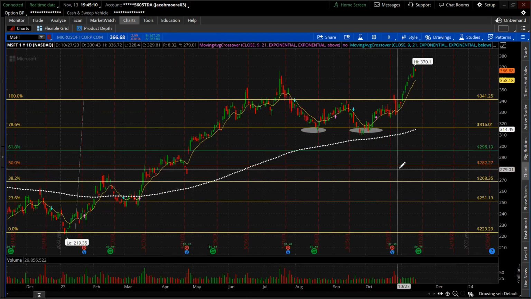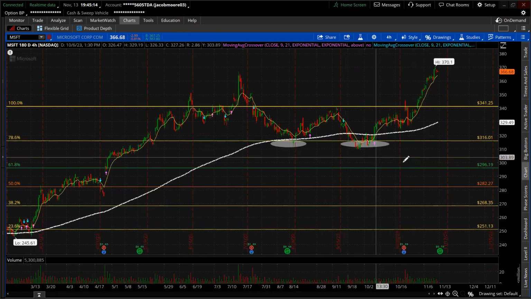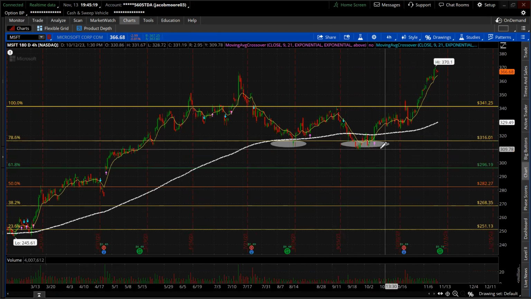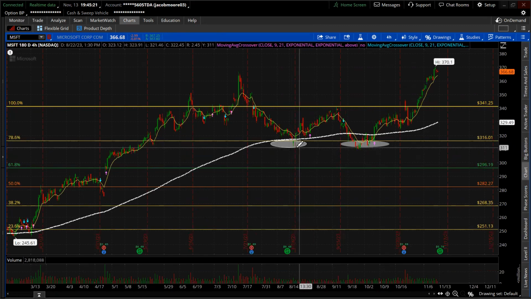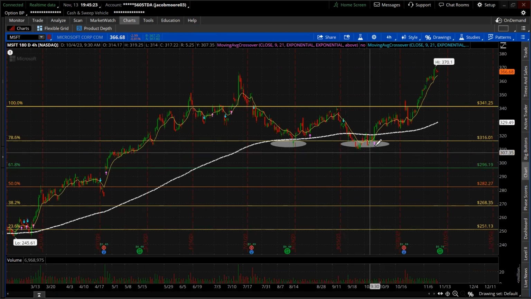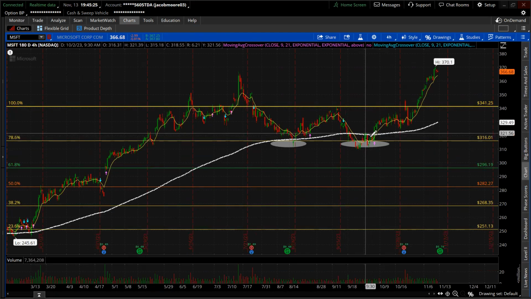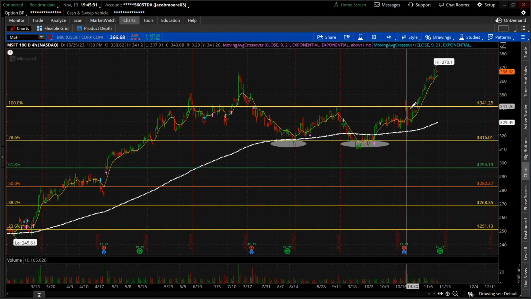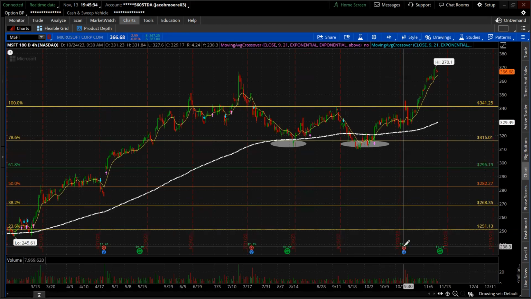Let's see where we're at. On the 4 hour, look where we have, right around that 200 EMA. Yes, it broke through it. However, we did not break that low. And then we rejected it here, came up once we broke it. Now we can take it up. We had trouble at 340 before.